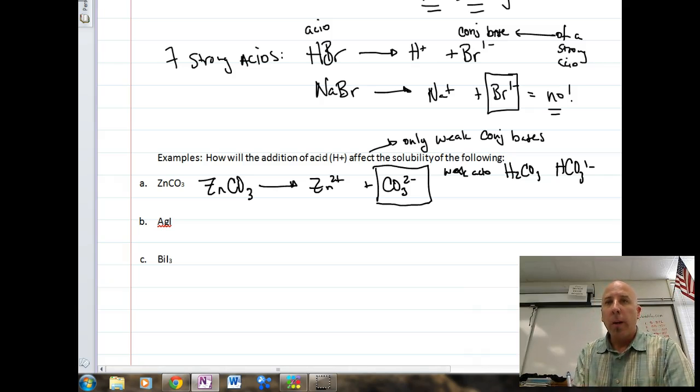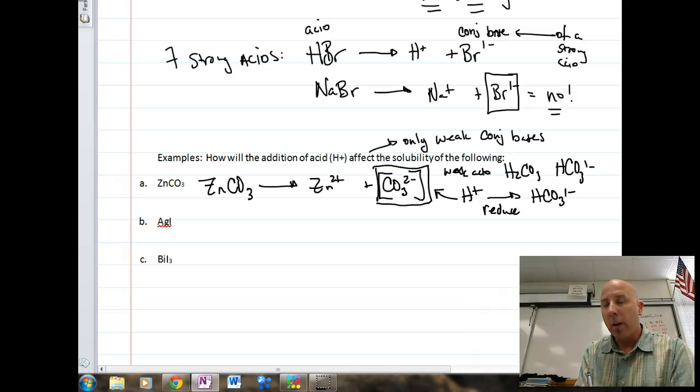So this is a weak acid. So what's going to happen if we do add hydrogen ions, the hydrogen ions are going to react with this to produce HCO3 1 minus. That's going to effectively reduce the concentration of the carbonate ion. Reducing the concentration of the carbonate ion is going to shift our equilibrium according to Le Chatelier's principle. It's going to shift it to the right, and so we would say that this is going to increase solubility.